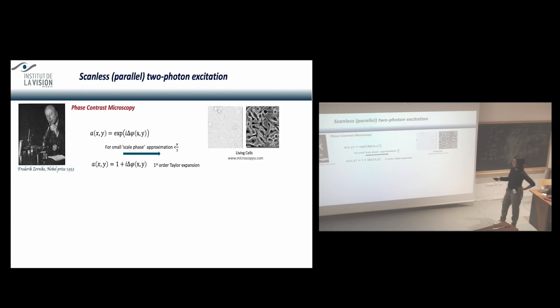Now, if these are very thin objects, you can approximate this transmission function with a Taylor expansion, so you will have a constant term and a spatial, position-dependent phase modulation.